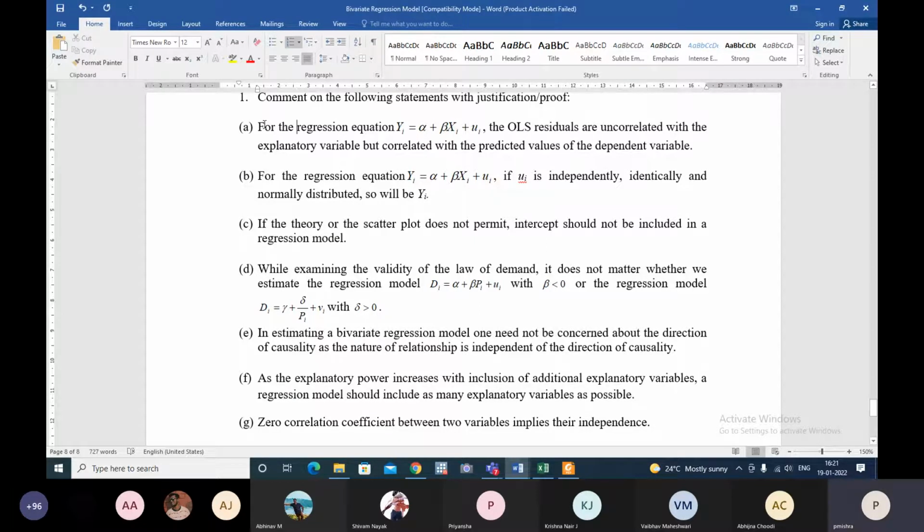The first question is: for the regression equation, the OLS residuals are uncorrelated with the explanatory variable, but correlated with the predicted values of the dependent variable.